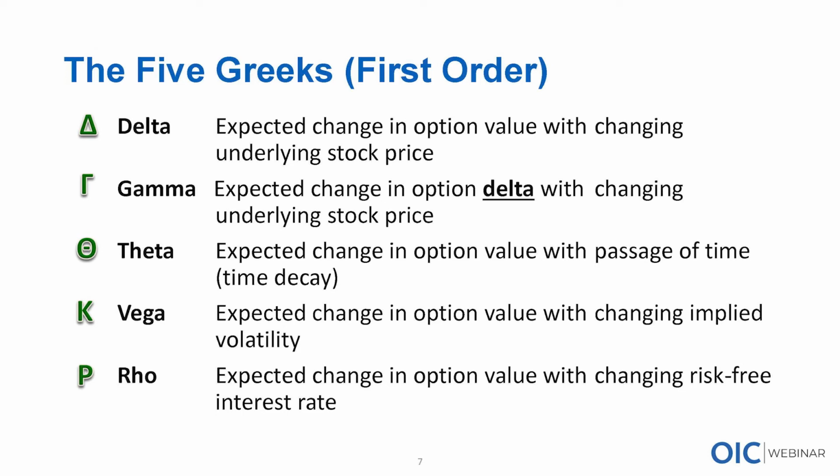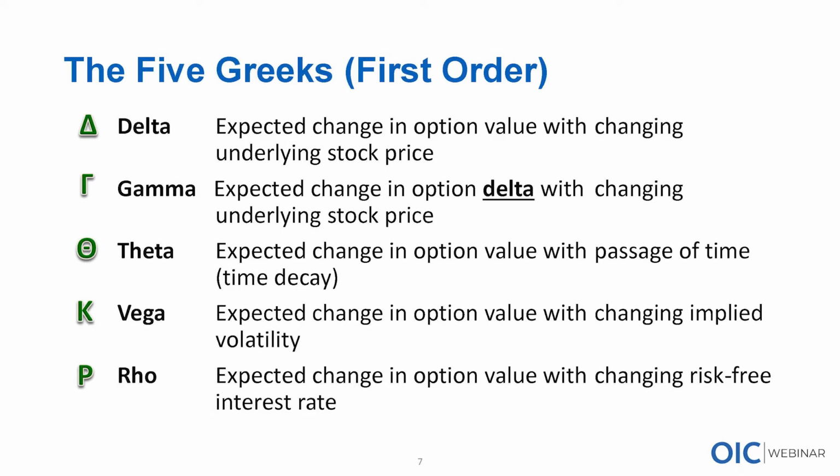All right, so let's talk about the Greeks. These are the 5 Greeks. These are what are called the first order Greeks. There's delta, gamma, theta, vega, and rho. Now, there are such things as the second and third order Greeks. We're not actually going to talk about those.